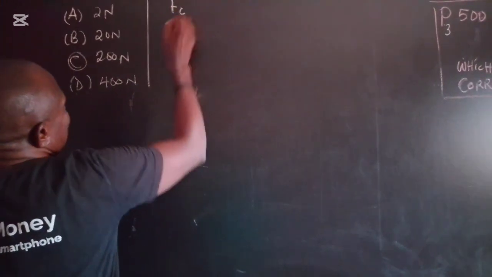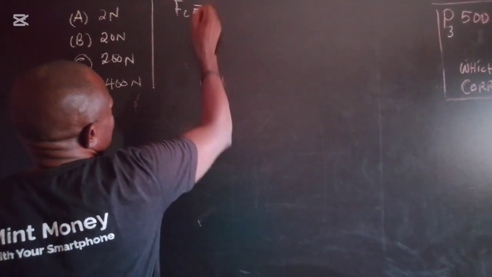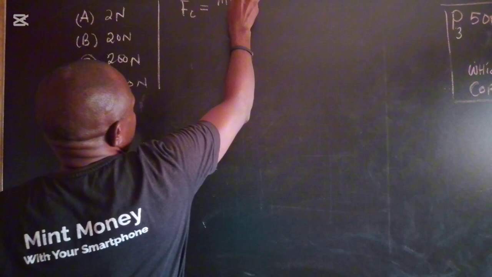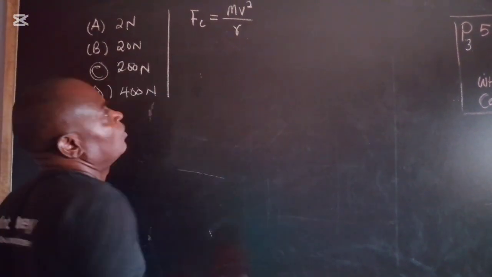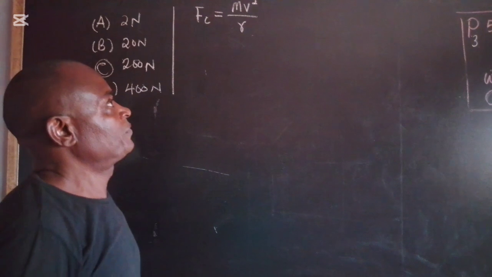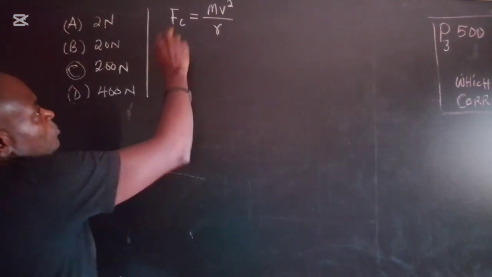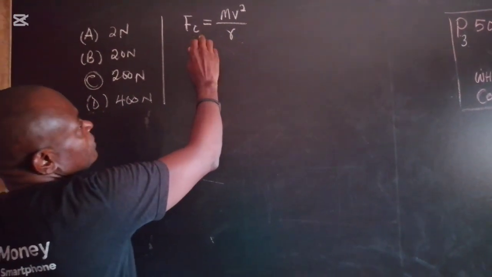want to find the centripetal force, which is defined as mass of a body times the square of the velocity divided by the radius of the center of a circle that the body is rotating. It is worthy of note that centripetal force is opposite to centrifugal force.